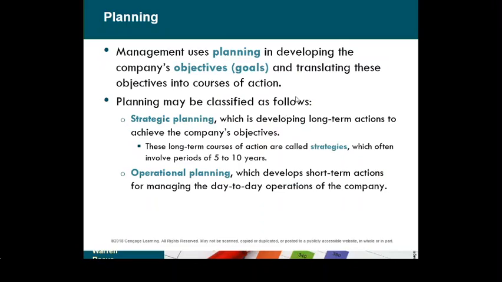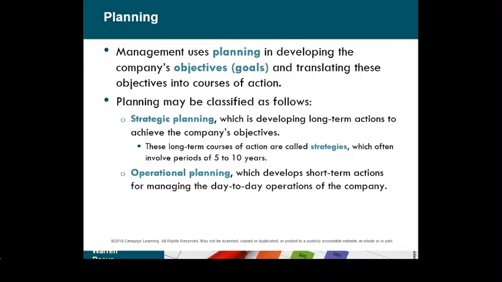The management uses planning in developing the company's objectives or goals and translating these objectives into courses of action. When you become a manager someday, you need to plan for the whole company. If there is no plan for the company, it is highly unlikely the company could achieve big success in the future.